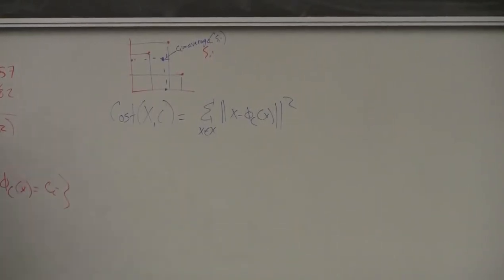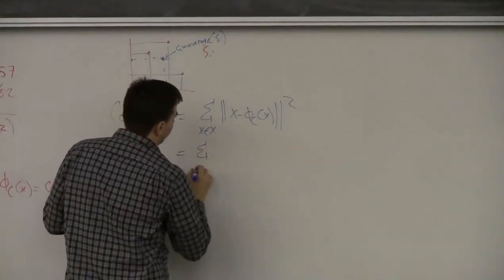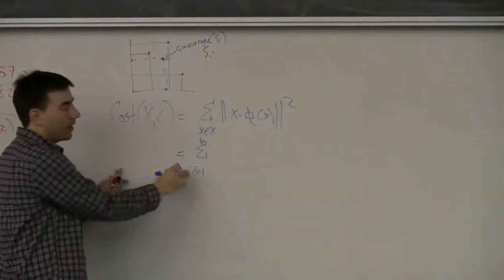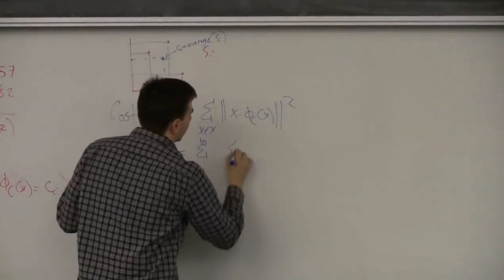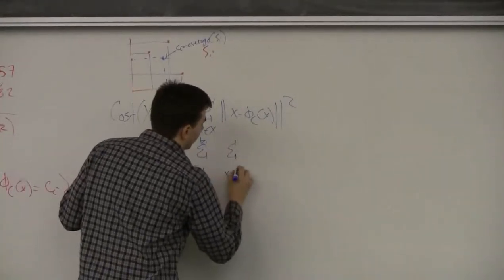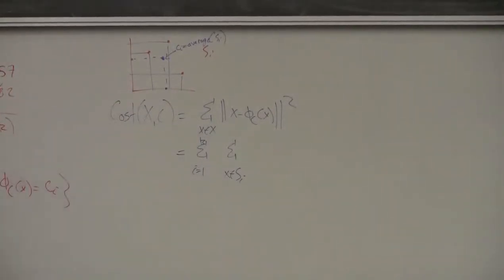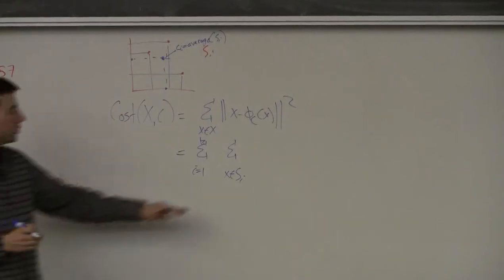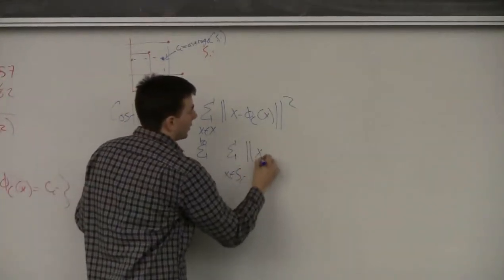Okay, so I'm going to write this in a slightly different way. I'm going to have a sum over all of the different clusters, and all the points that are in cluster S_i. At this step, the assignment to the clusters is fixed, so I'm not changing how the points are assigned to the clusters.